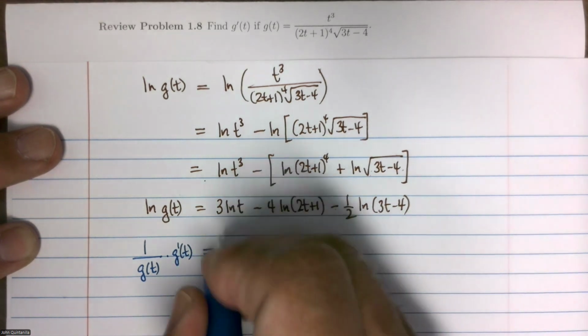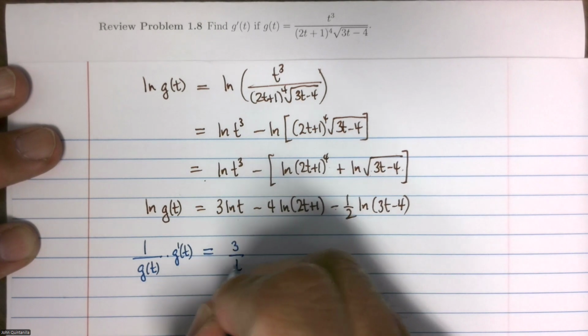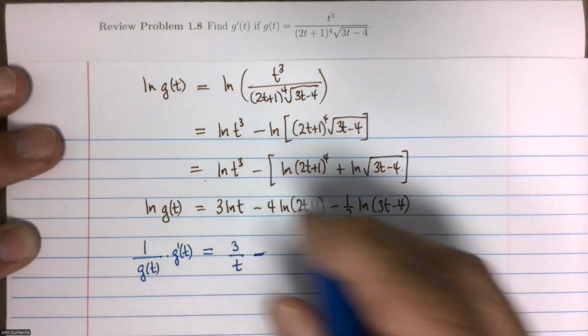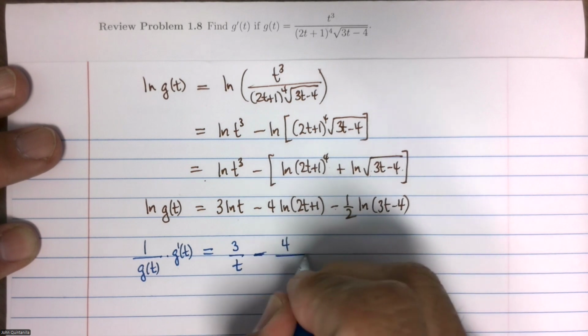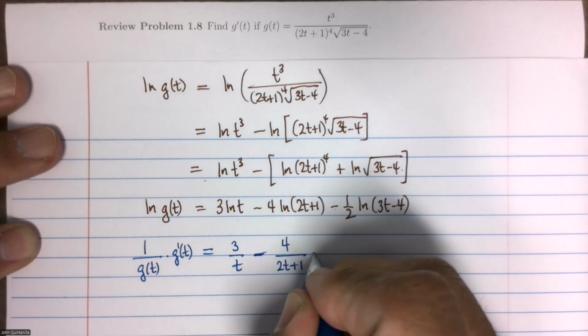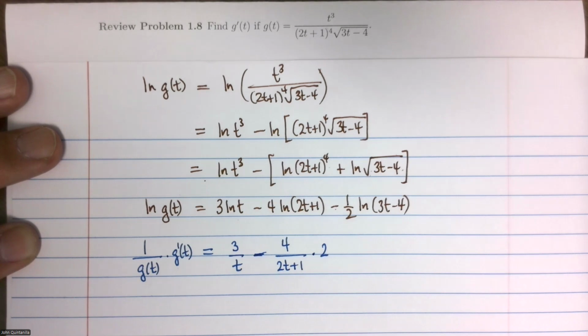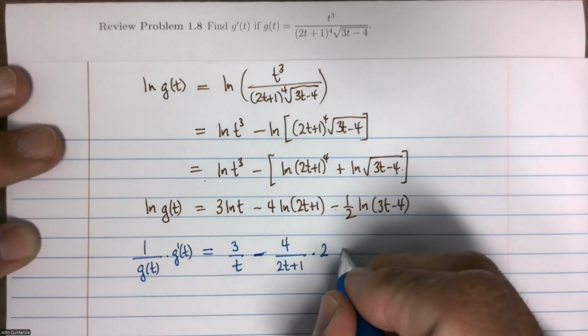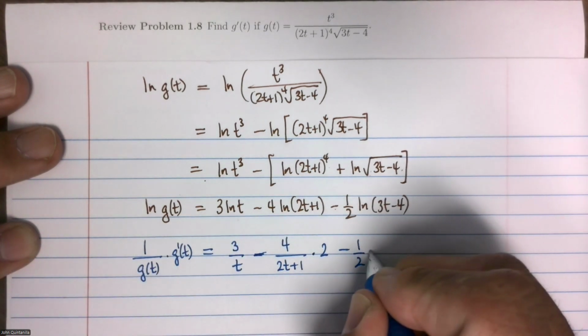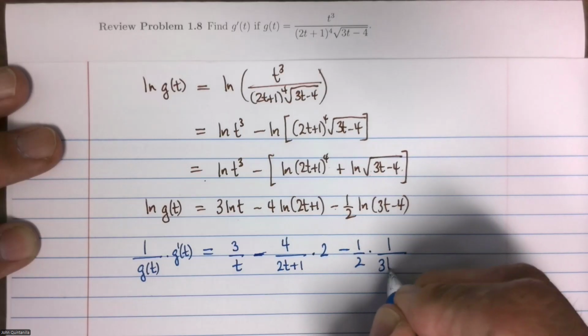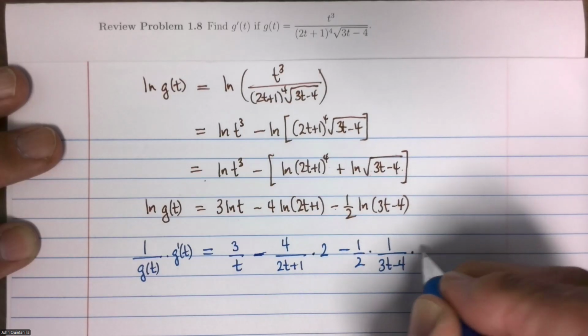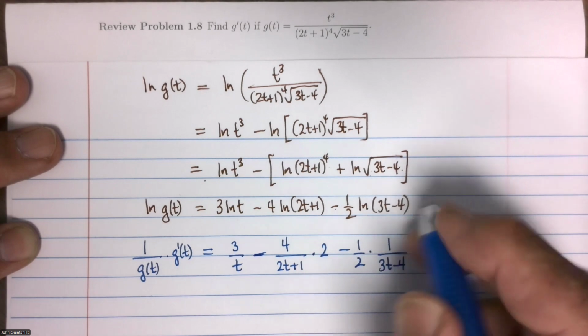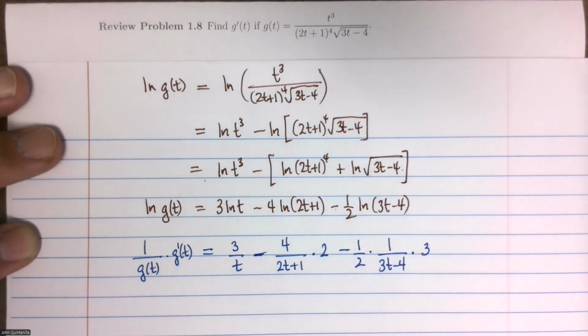On the right side, I take the derivative, so 3 over t. And then the next term is 4 over 2t plus 1 times the derivative of the inside, which is 2. And then minus 1/2 times 1 over 3t minus 4 times the derivative of the inside, which is 3.